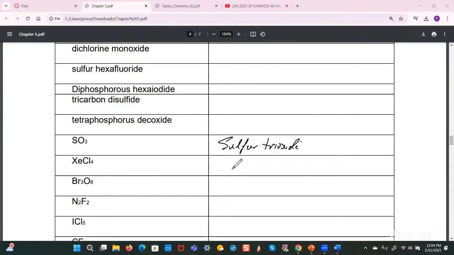XeCl4. And by the way, you guys out there in Zoom, you can chip in as well. So what's the name of XeCl4?